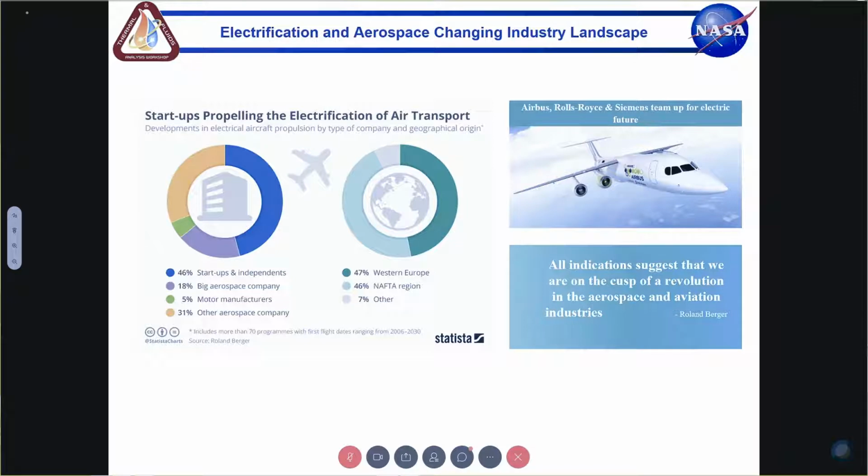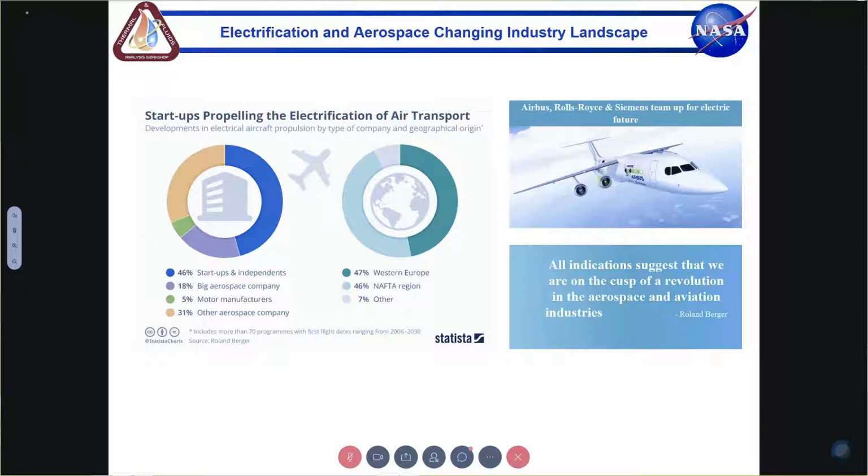The reason I was thinking of giving this talk today is the ever-increasing electrification in the aerospace industry. We've seen this in the automotive space for quite a long time. You can see hybrid cars already for more than 10 years, and more pure electric cars are being introduced.